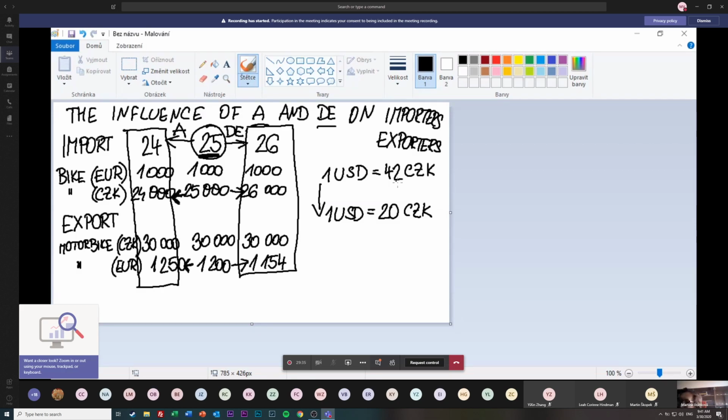But what does it mean for Czech imports? It means that the imports are cheaper and cheaper. You can see it in prices of electronics or other things. It's cheaper and cheaper because the Czech crown is appreciating.